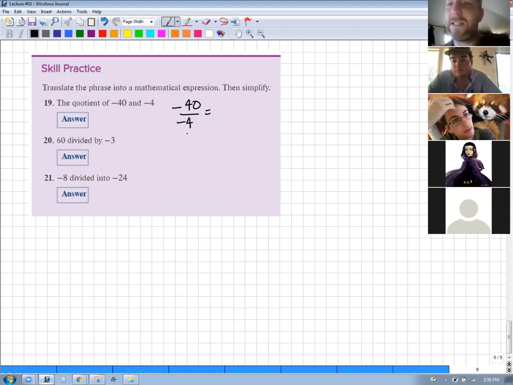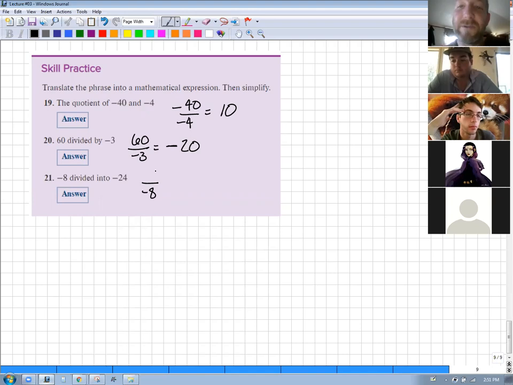The 2 minus signs cancel. We're left with a +10 because 4 times 10 is 40. Number 20, we have 6 divided by a -3. Well, we have a single minus sign, so we need to keep it. Then we have a 2 because 3 times 2 gives us 6. -8 divided into a -24. The 2 minuses cancel and we get 3 because 3 times 8 is 24.